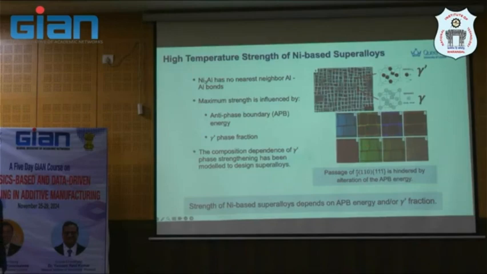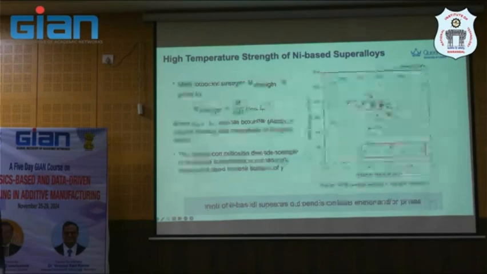And you will see the activity of the slip system, the APB, antiphase boundary energy, on this slip plane here. The composition dependence of gamma prime is very important to the strengthening of the material, and that's why the strength of material is considered in the alloy design cycle as well.